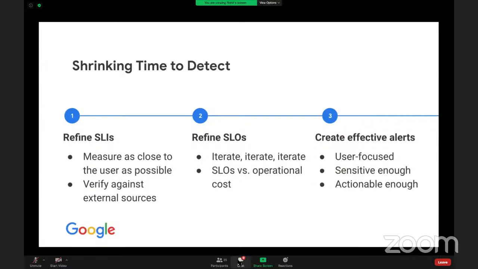Alert too slowly, and you will be losing time you could be using for mitigating real outages. It can take some time to find the right balance. Focusing on these three, like defining your SLIs, SLOs, and creating effective alerts, should get your time to detect in pretty good shape.